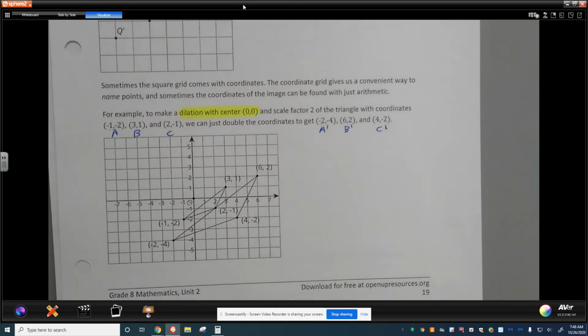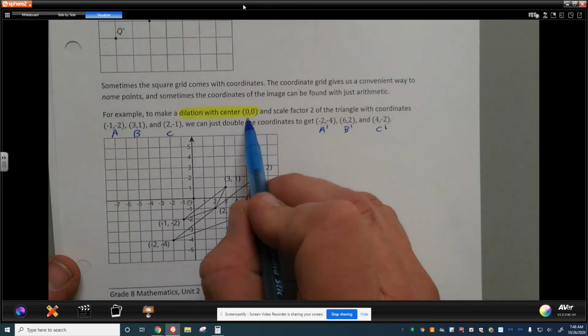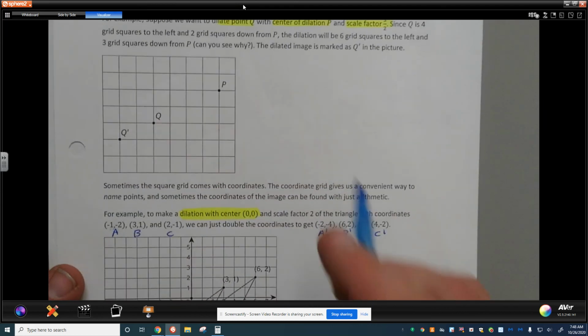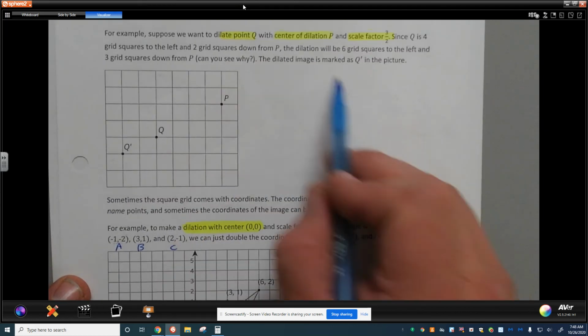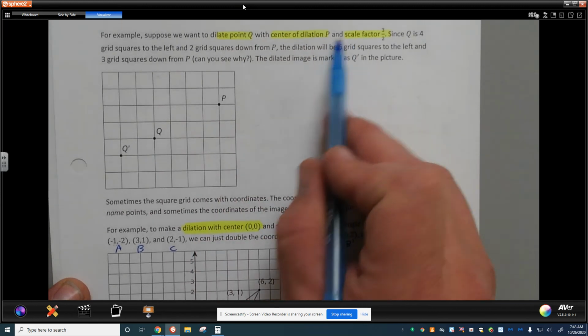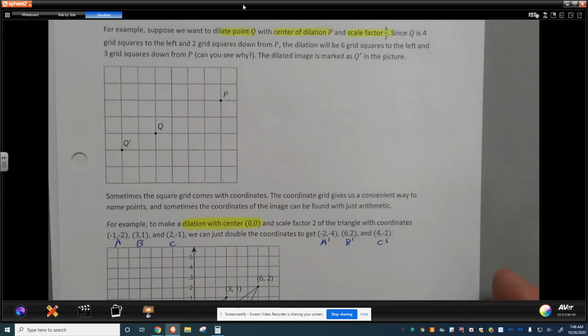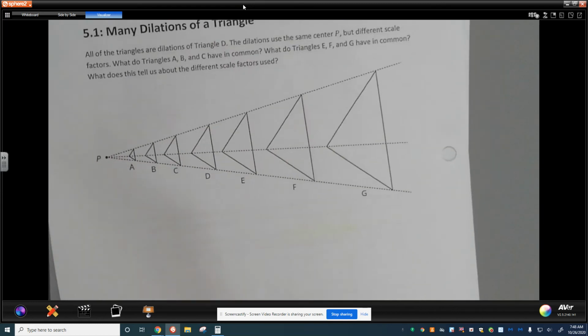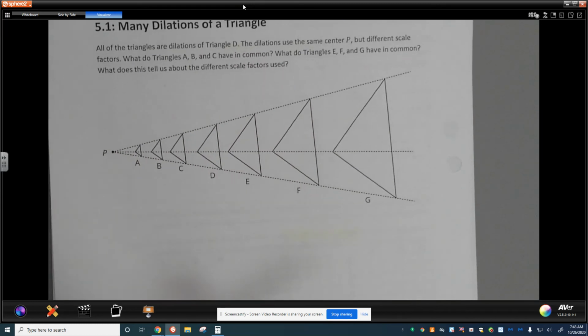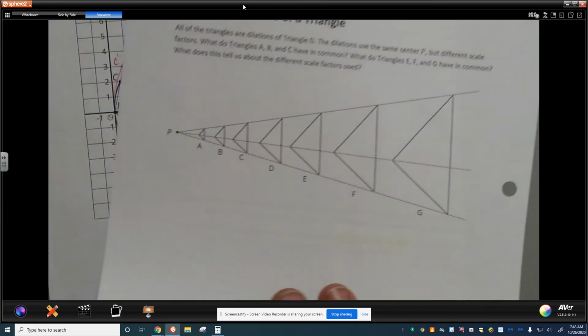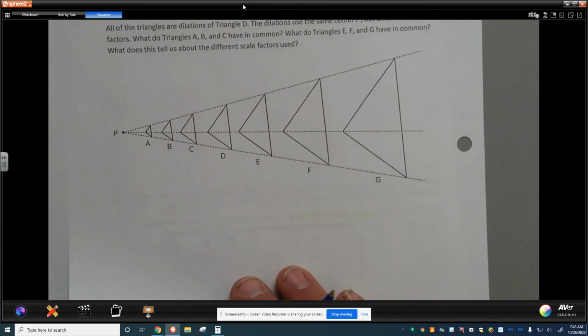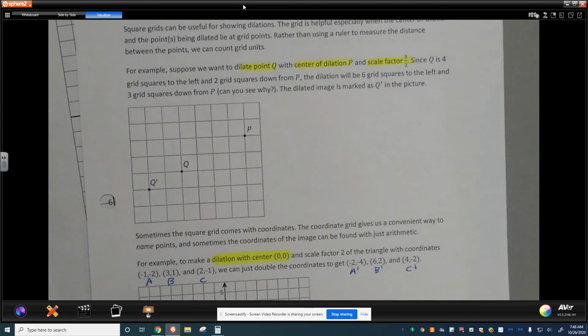The same practice will hold true when the center of dilation is not at 0, 0, but we may need to go back to this strategy here about just taking our distance from one point, going up, right 4, or what have you. The last part of it is actually the next lesson. But you can see we're going to be seeing the same kind of growth. But that's it. Dilating with a square grid is actually really quite easy, in my opinion.